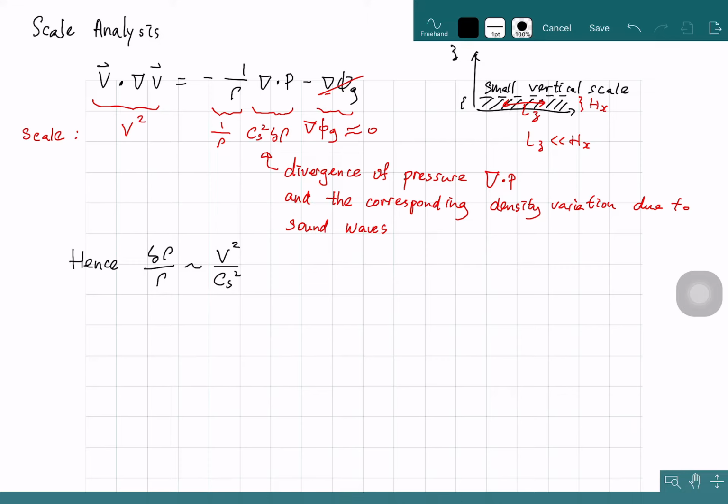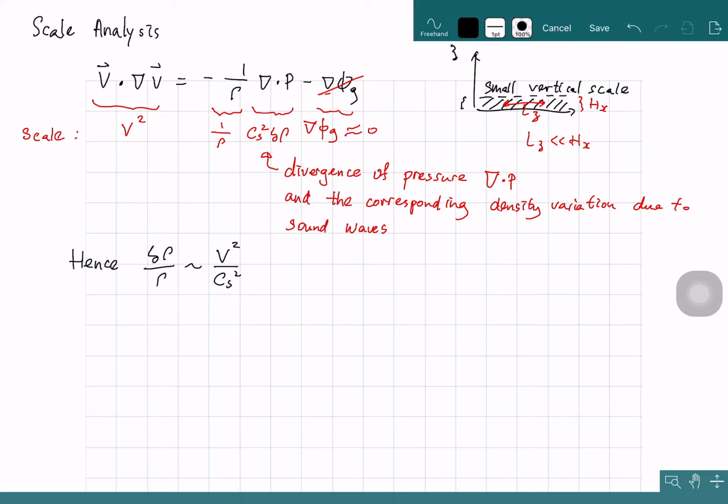Looks like we can put all the numbers here. We have the number for V, and then we have the number for Cs, the speed of sound. It's in the slides, in slide number 7.